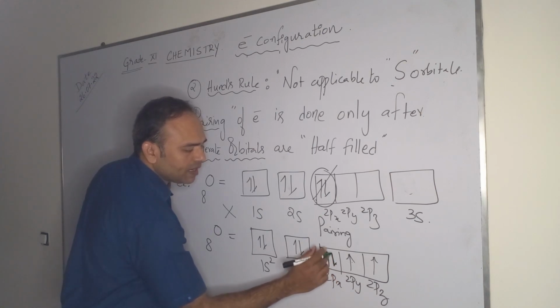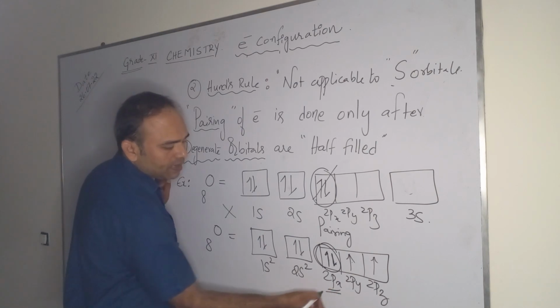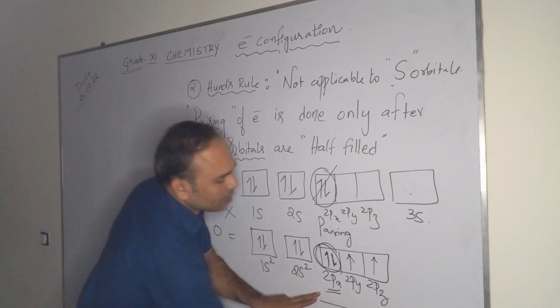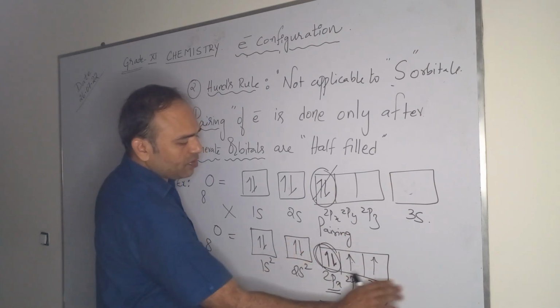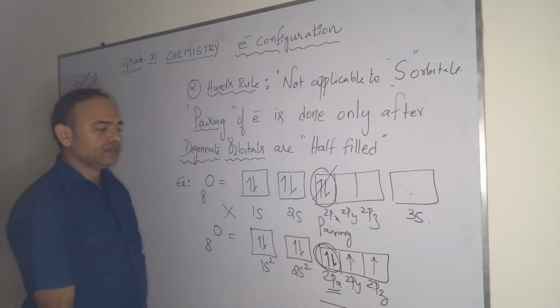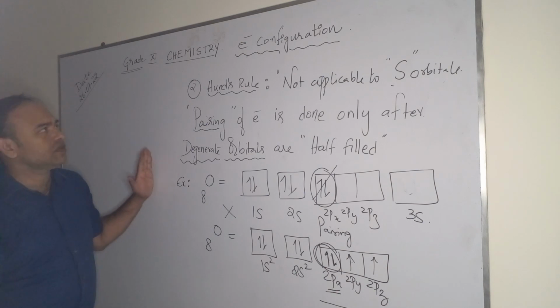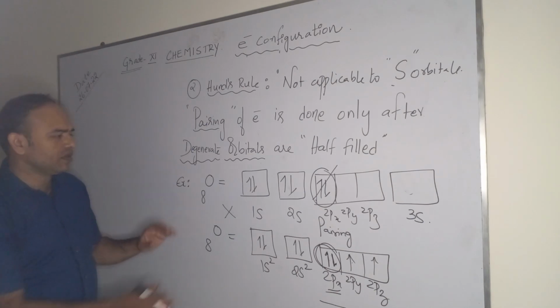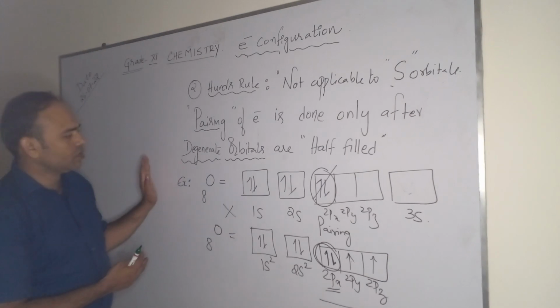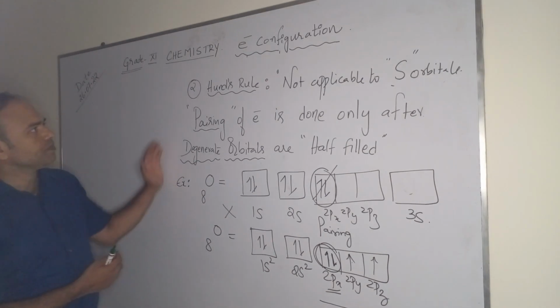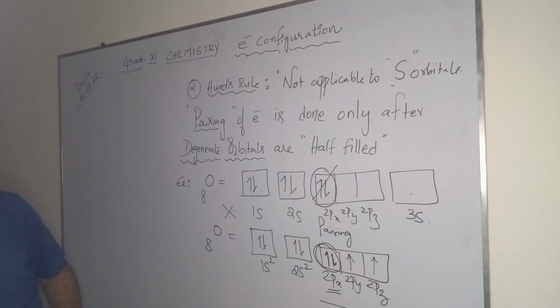That means we have done pairing of 2px only after filling 1, 1, 1. That is half filling of your 2p orbitals. Hope you have understood the second rule also. N number of examples we can take, but I want to make it simpler, so I give only one example. Let us move to the third rule.